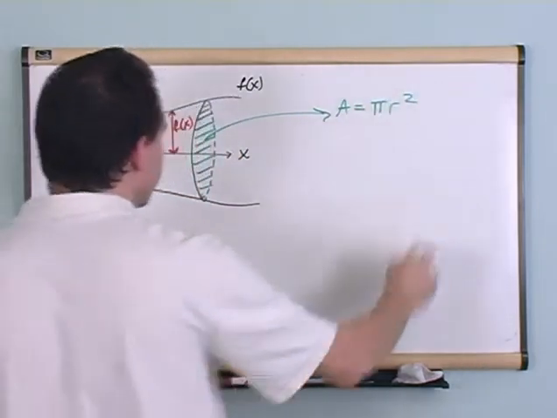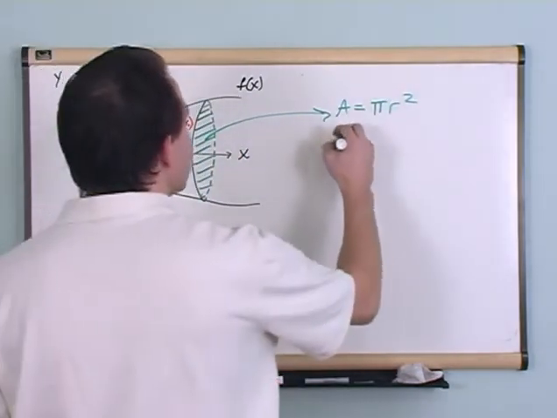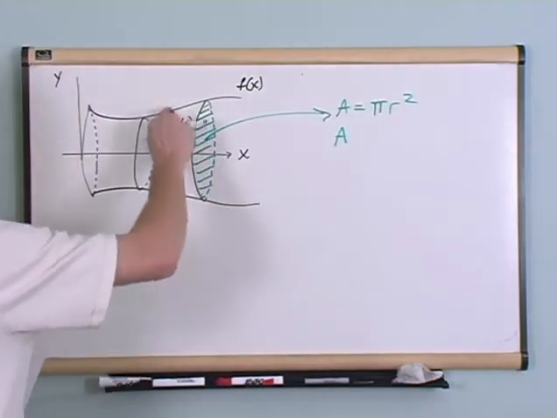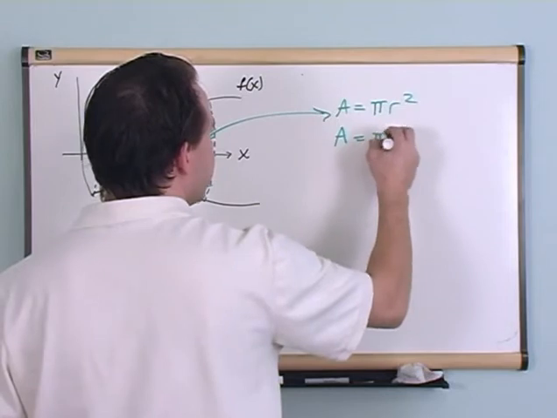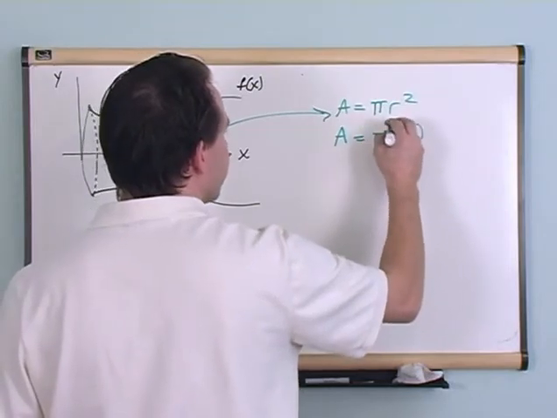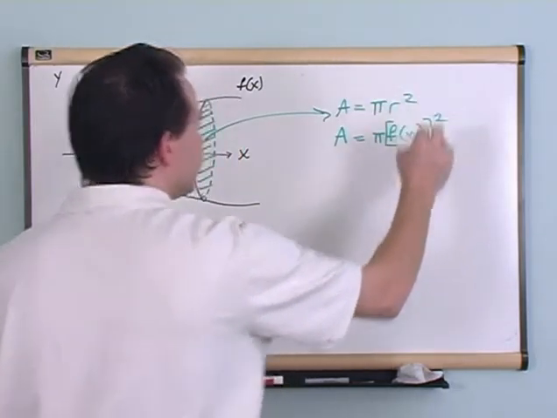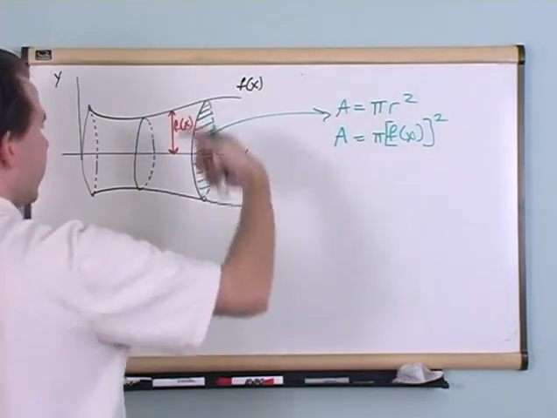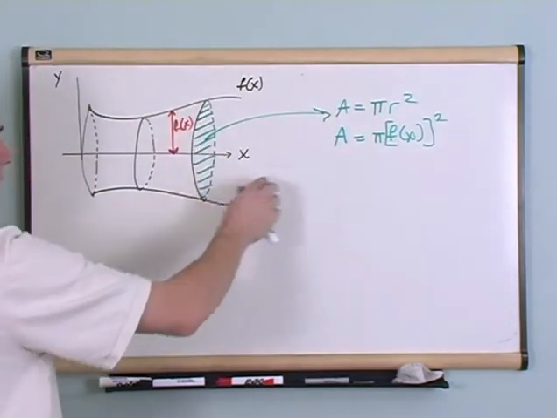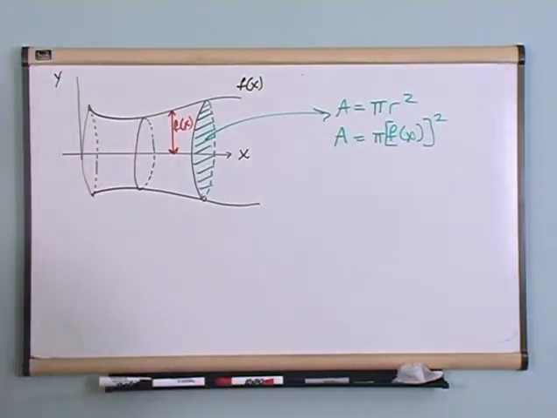But I know what r is. This is the radius, because over here, this would be a radius. So the area would be pi times f of x squared. I rotate it around, it defines a circle in the cross section, so pi f of x squared is going to be the area of this slice.